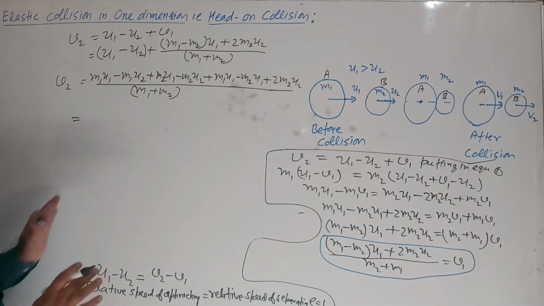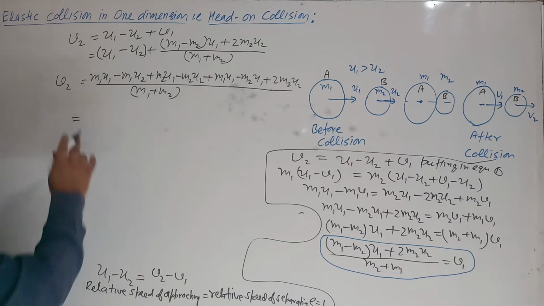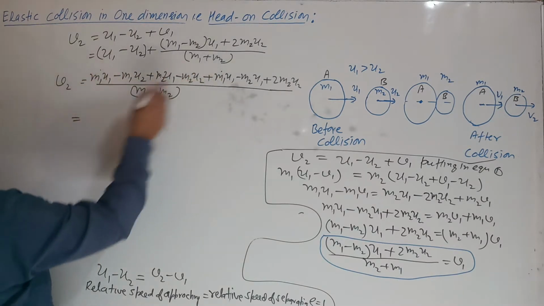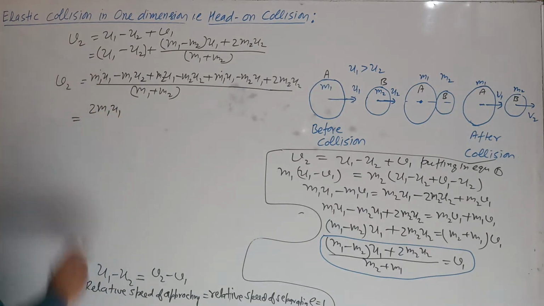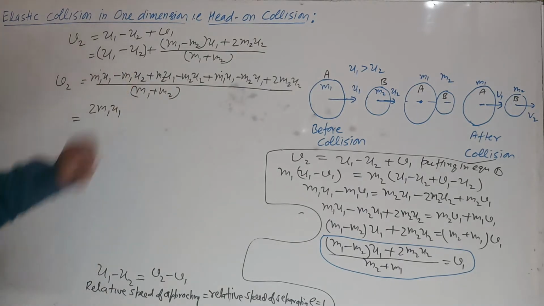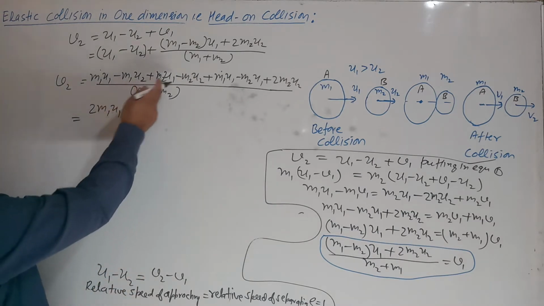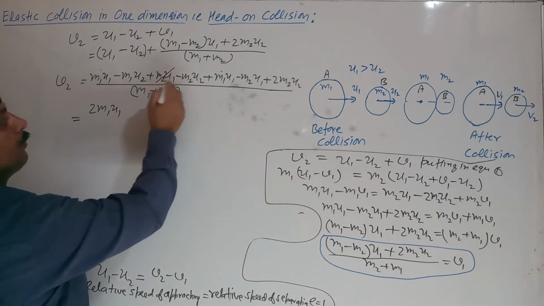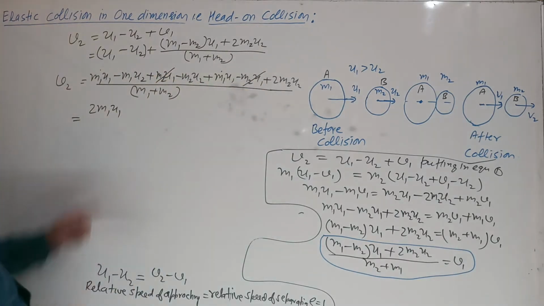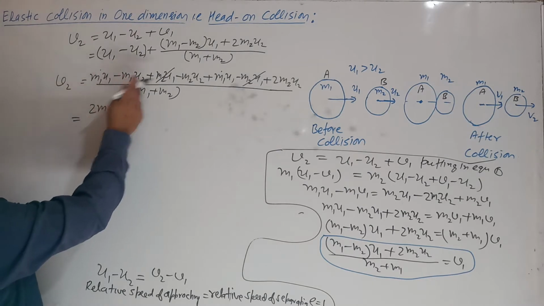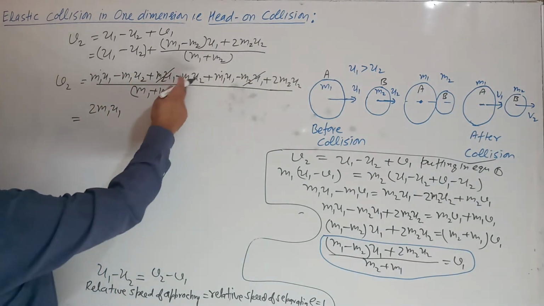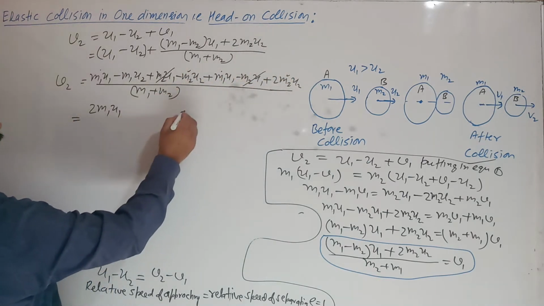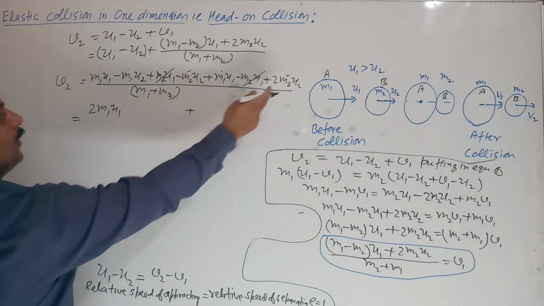Simplify. If you are simplifying here, you can see m1 u1 and m1 u1, these two will add to 2 m1 u1, minus m1 u2. So see, some are cancelling: minus m2 u1 and plus m2 u1 cancel, and the 2 m2 u2 minus m2 u2 minus 2 m2 u2, what happened?